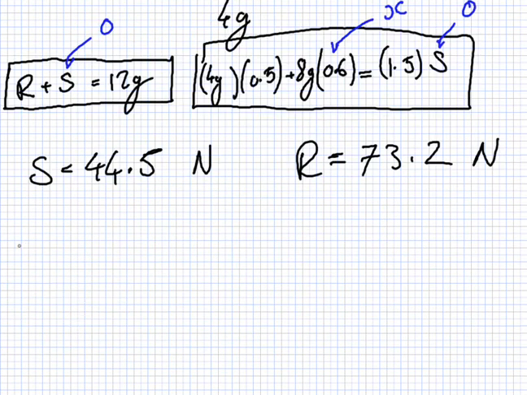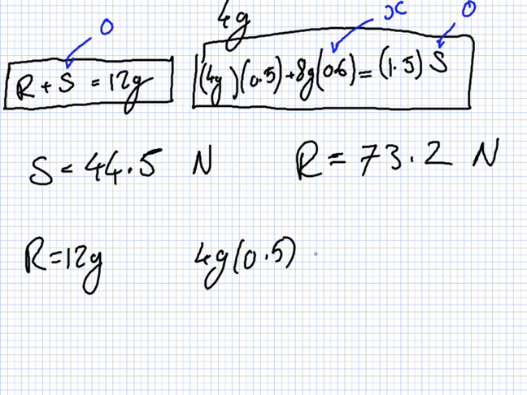So now I get R plus F equals 12g, and then 4g times 0.5 plus 8g times x equals 0. So I can get what the x is. Something went wrong here. My x is negative. Oh yeah, no, it could be negative, because that would just mean it's before the point.